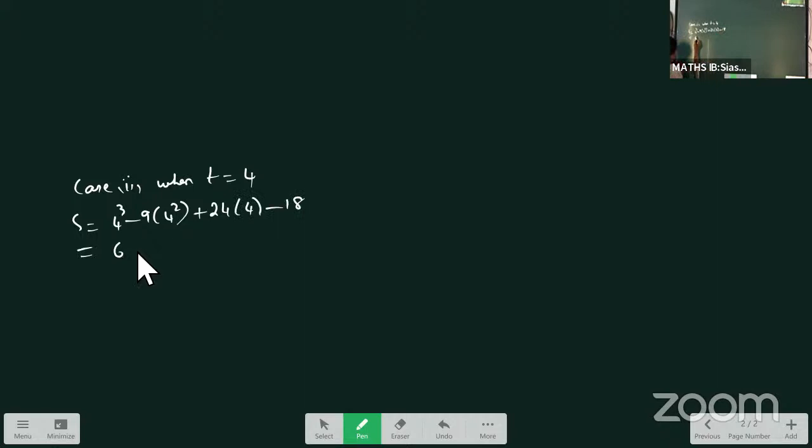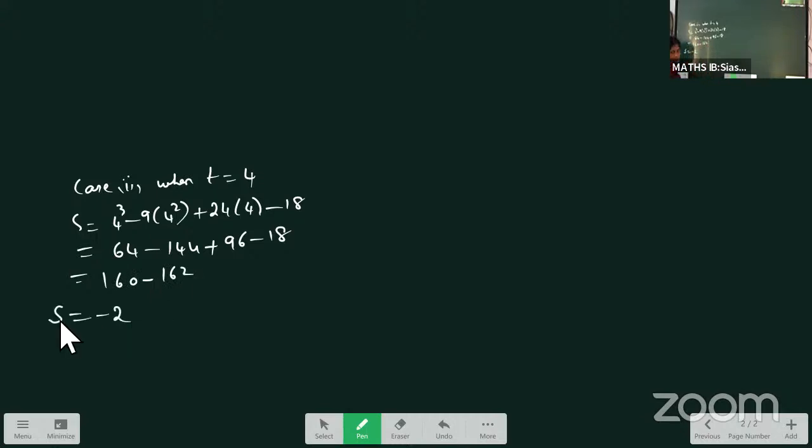So 4 cube is 64, 16 into 9 is 144, plus 24 into 4 is 96, minus 18. So 64 plus 96, 160, minus 144, minus 18, is minus 2. So s is equals to minus 2.